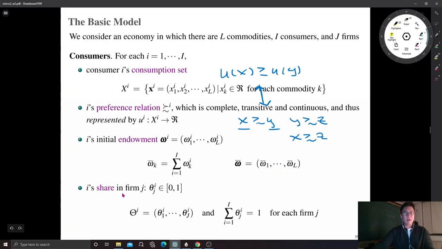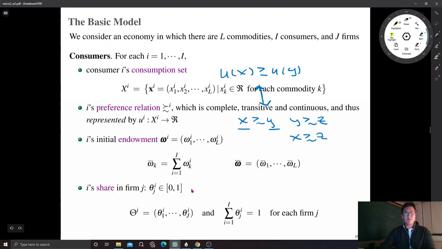All right. Finally, firms are owned by consumers, right? A firm is an institution, so we have to define consumer i's share in that firm. Theta j i is a number between 0 and 1. It stands for consumer i's share in firm j.